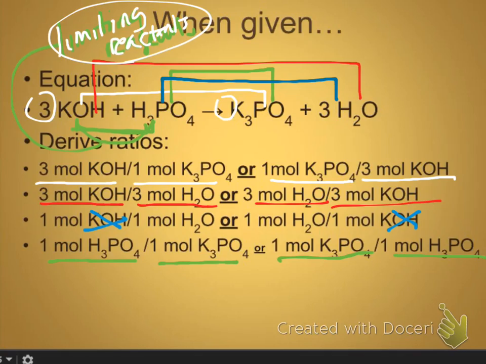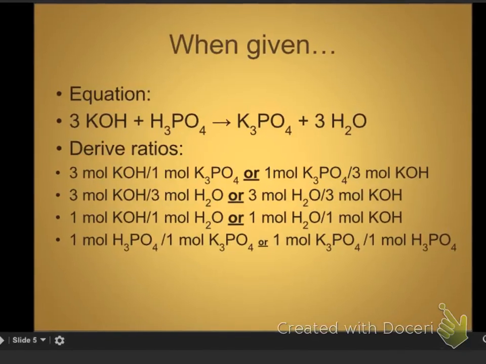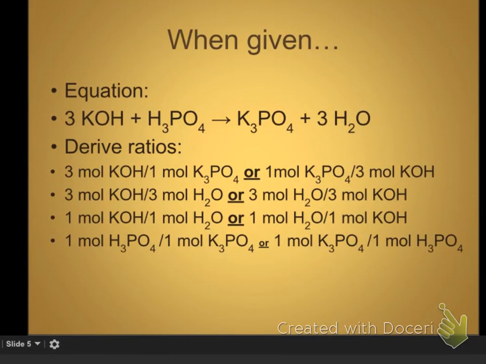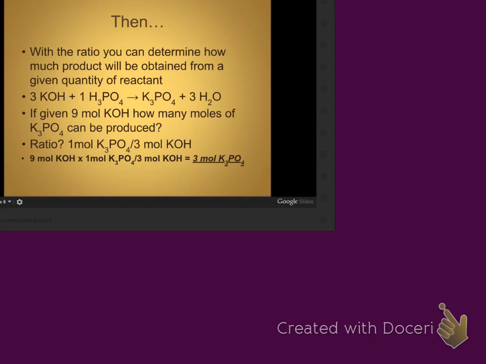Okay, so let's practice this. Oh, that's what we just did. Once we have that ratio, we can figure out how much product we're going to get out of a given amount of reactant. So the sample problem that I gave you here, if you're given 9 moles of potassium hydroxide, how many moles of potassium phosphate can be produced?